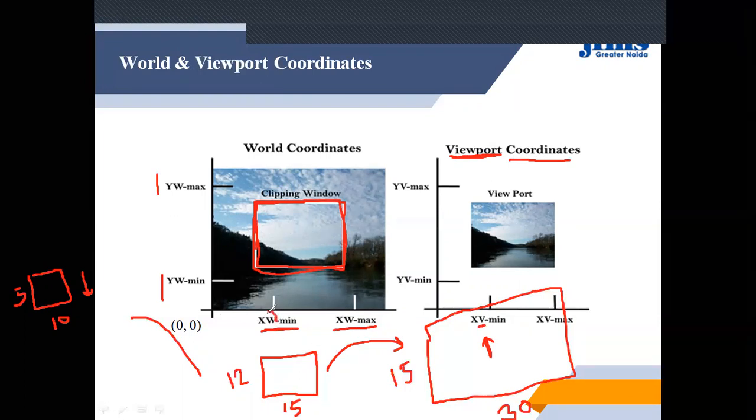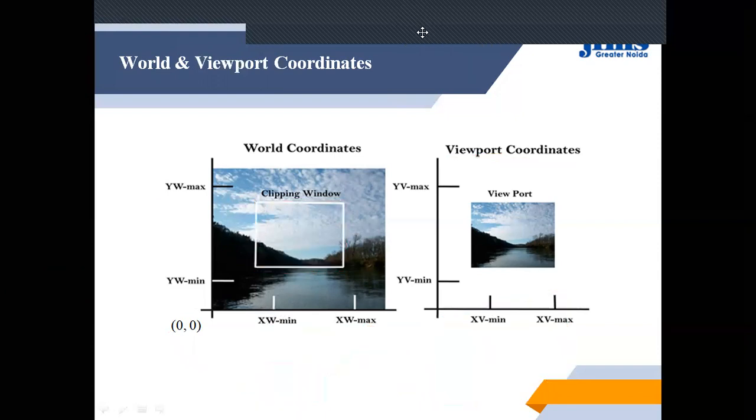Here w represents window, and in viewport we represent view. So we have two different views of an object. This is the original object. This is the coordinate of an object.